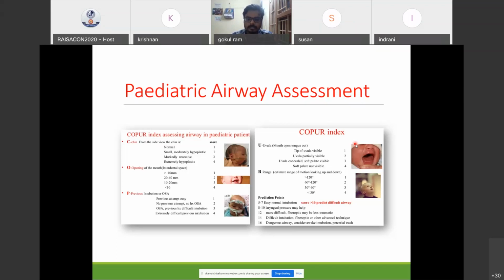Okay, sir. And I will see the range of neck movement, sir. If it is more than 120 degrees, it is normal, sir. Based on the scoring system, I will categorize the points, and if the score is more than 10 points, it predicts a difficult airway, sir. So if it's a difficult airway, what are the things that you would like to keep ready?